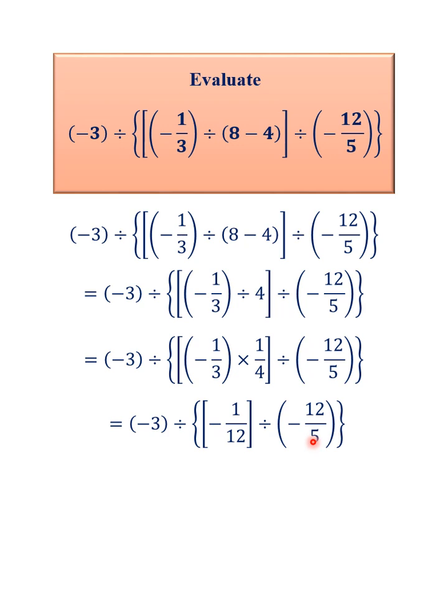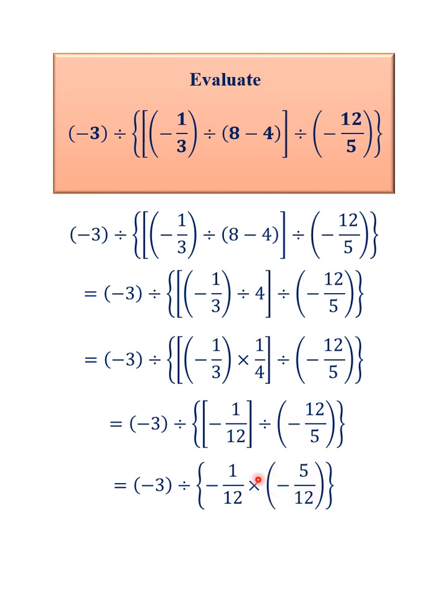By inverse, the 5 goes up, the 12 comes down. And now we have -3 divided by, this is our curly bracket. I've taken out the square bracket because we are evaluating it. We have -1 over 12. This division is changed to multiplication, and we take the inverse, 5 over 12. The negative has to be maintained.